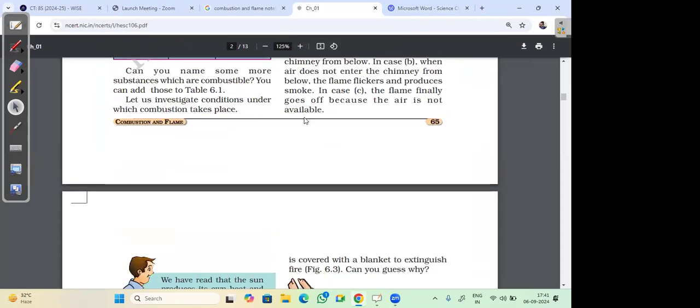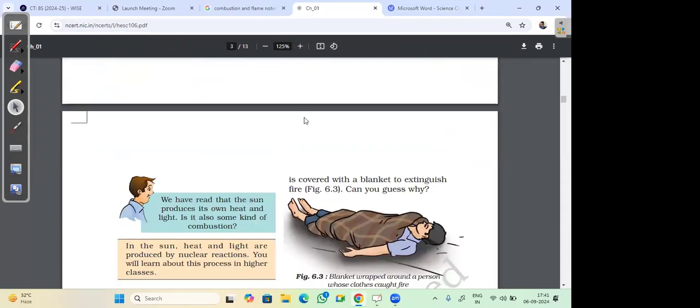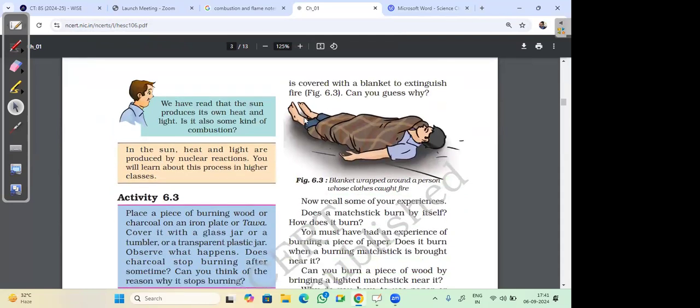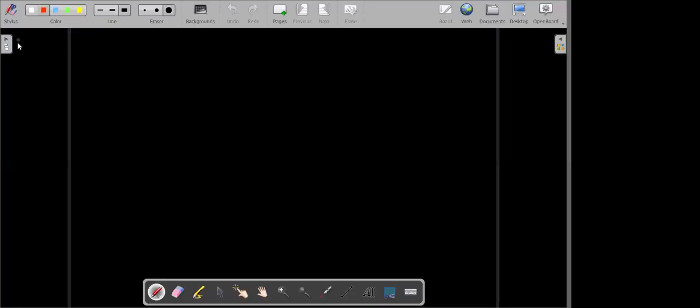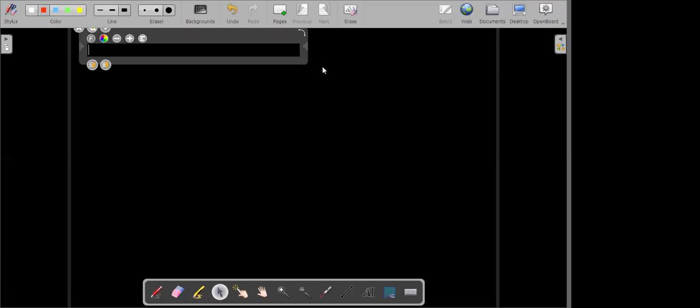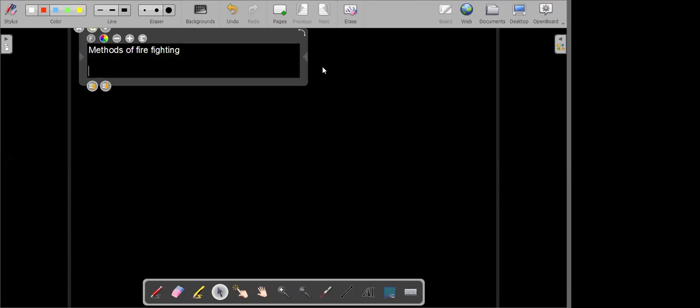So in the last class, we just did this activity. Now, methods of firefighting. The methods of firefighting are based on the necessities of combustion, what all things are required for combustion. On that basis, we have methods of firefighting. So what are the methods? There are three main methods of firefighting.